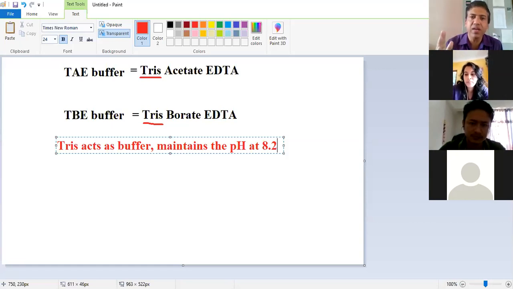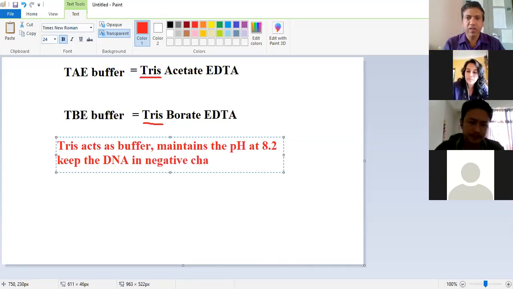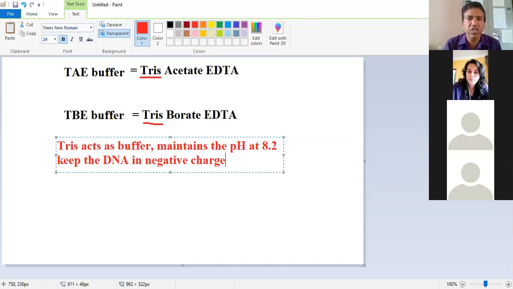So the basic idea is to keep the DNA in the state of negative charge. This is the function of the tris buffer here.